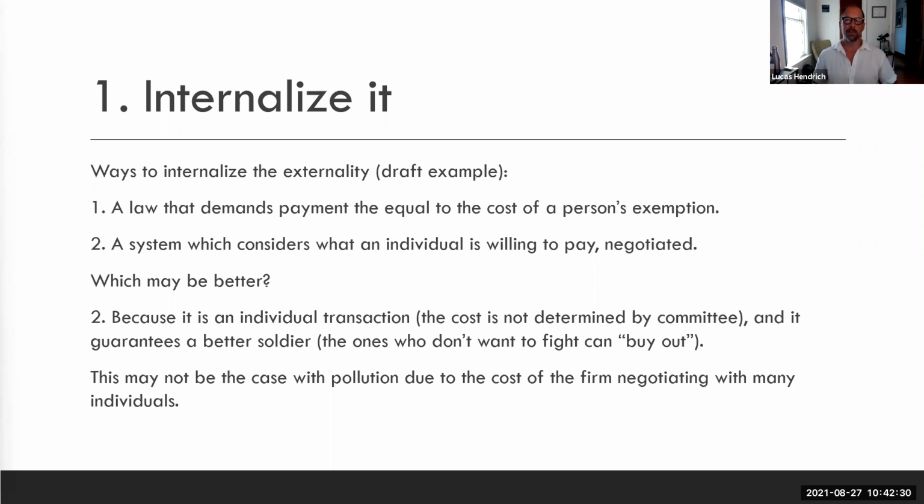I think implicitly we're saying that number two is better in this case because it keeps the transaction costs low and also might guarantee a better result, which adds to the market efficiency. Why is that?